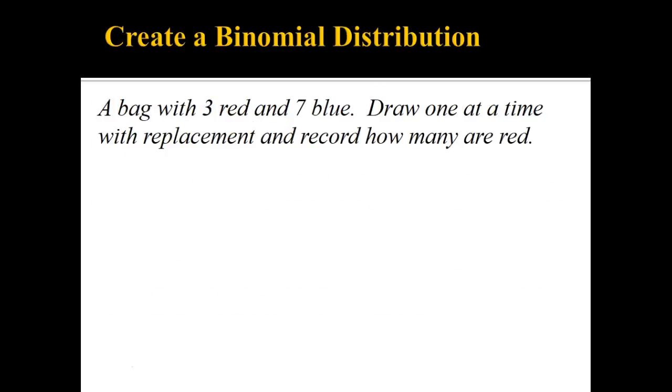All right, well, let's get into some other questions that are real binomial distributions. And you're going to have to watch closely here because I don't have a whole lot of examples, so we're going to try to explain these ones really thoroughly. A bag with 3 red and 7 blue, I think it was supposed to be marbles.